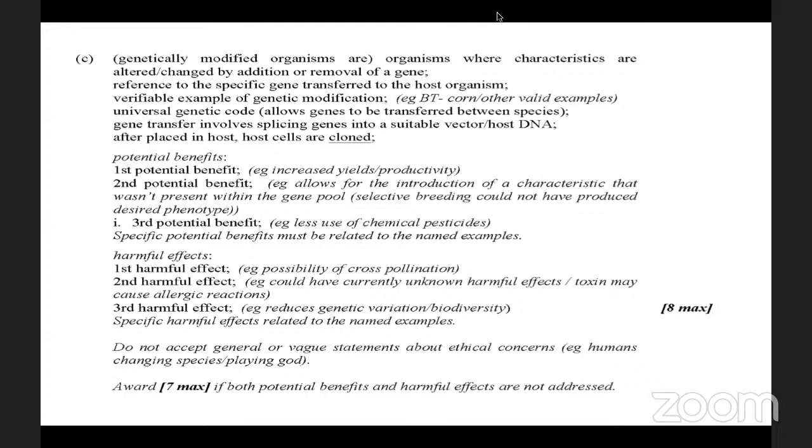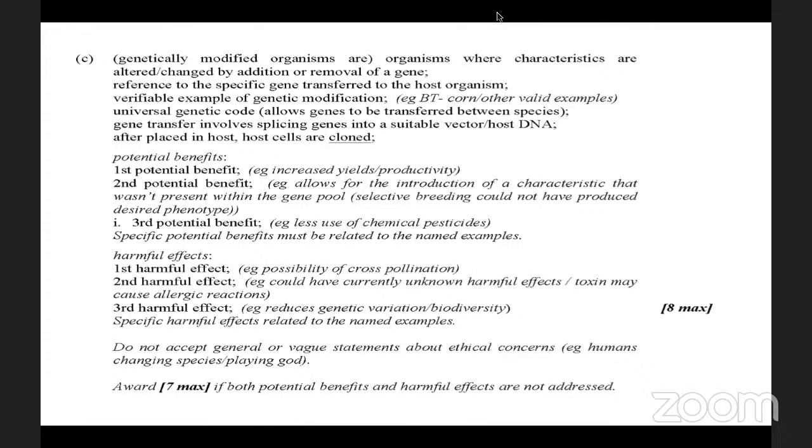So after kita define GMO, kita bagi tahu pula dia punya example untuk GMO tu lah. So yang kita belajar is Bt corn. So kita boleh explain lagi kenapa boleh ada GMO ni kan, sebab because of universal genetic code which allows for the genes to be transferred between species. So the gene transfer which involves splicing genes into a suitable vector or host DNA.